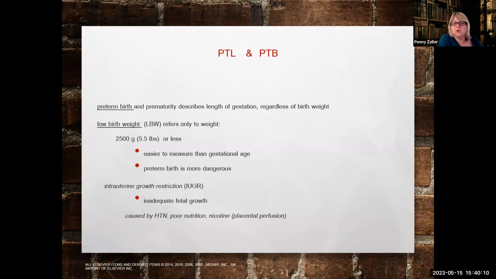High blood pressure, maternal hypertension, either chronic or gestational. Okay, poor nutrition, nicotine, something that affects good blood flow to the placenta, high blood pressure. Okay, adolescents, elderly people, drug use.